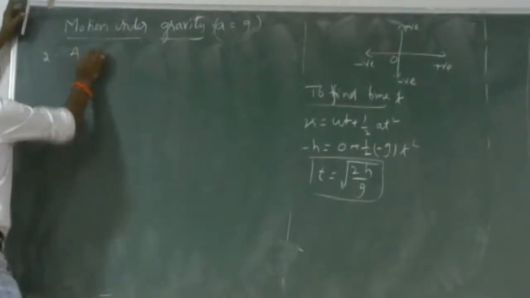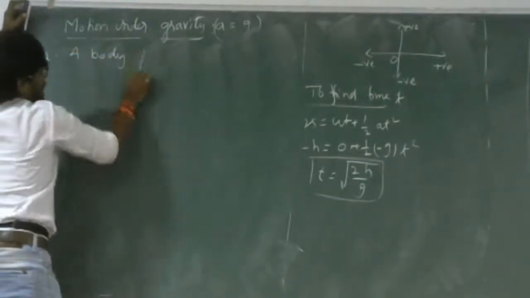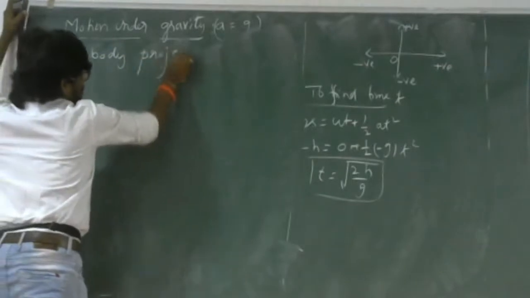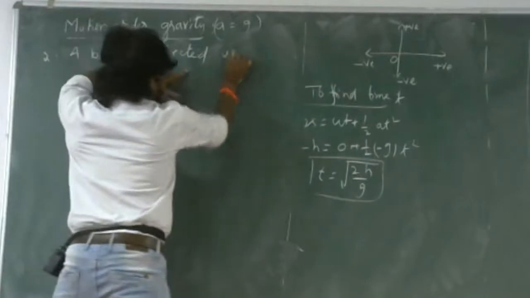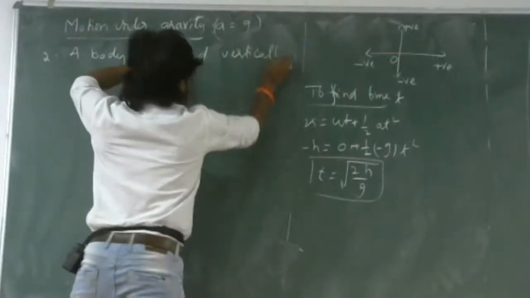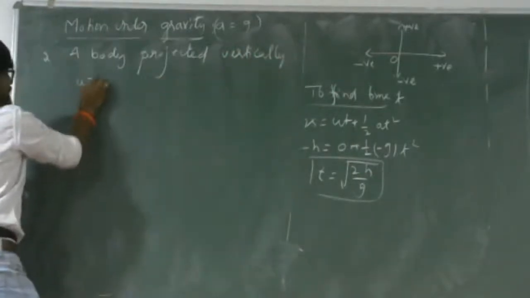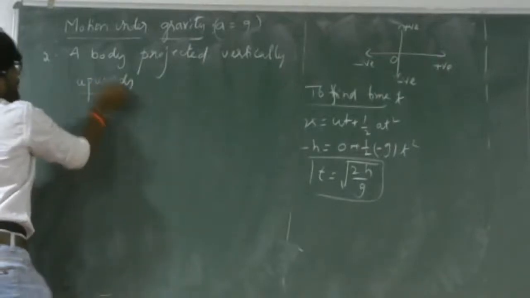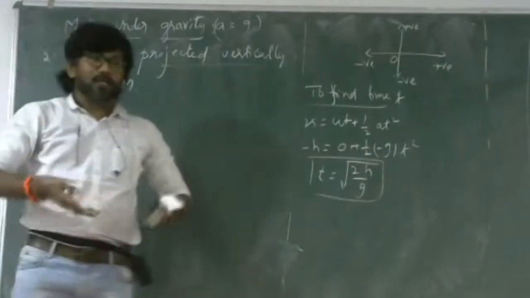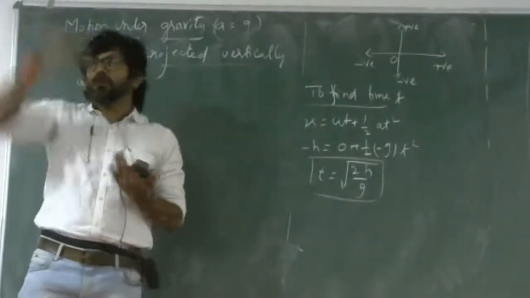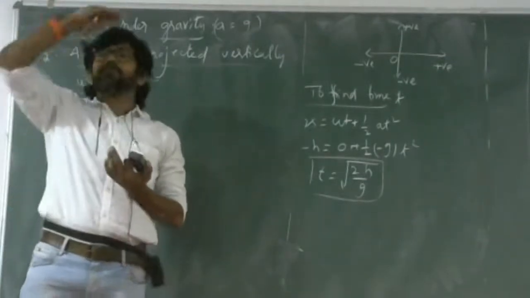The body projected vertically upwards. From where? From the ground or from the top of a tower.